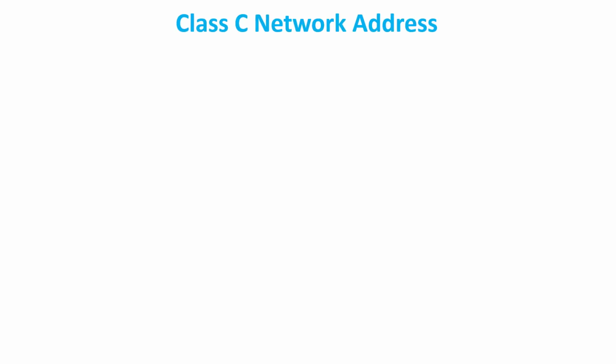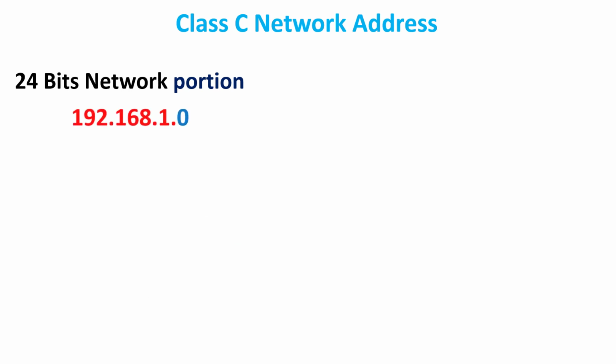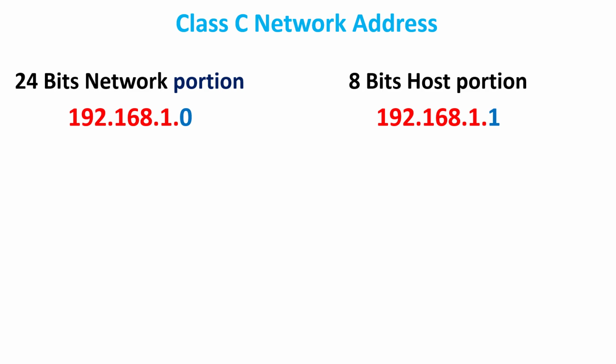A class C network address has a 24-bit network portion, and this is an example of a class C, 192.168.1.0, and the 8 bits are for the host portion, because as we said, IPv4 addresses are 32 bits.